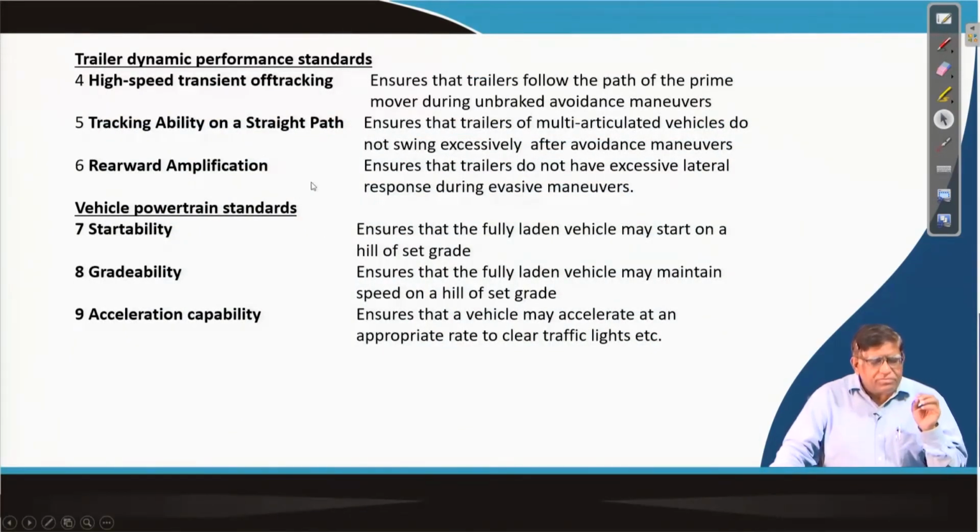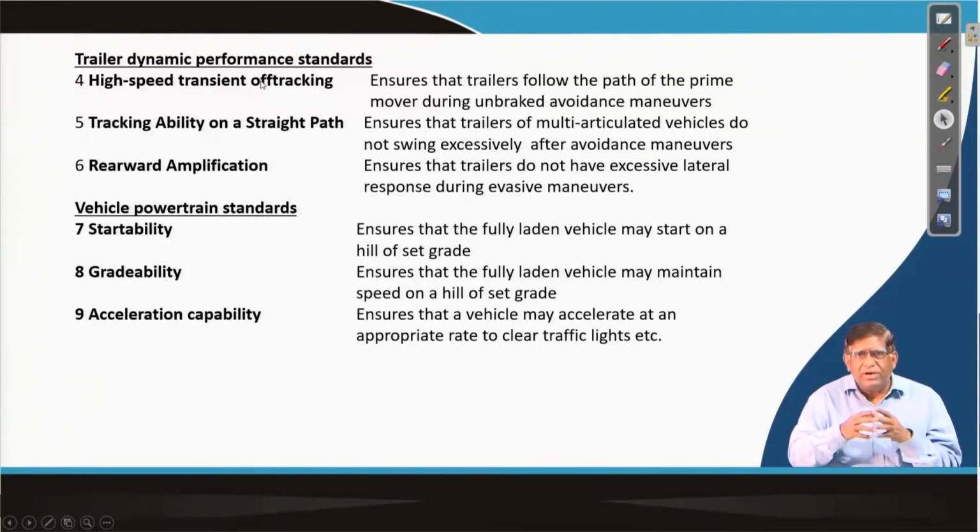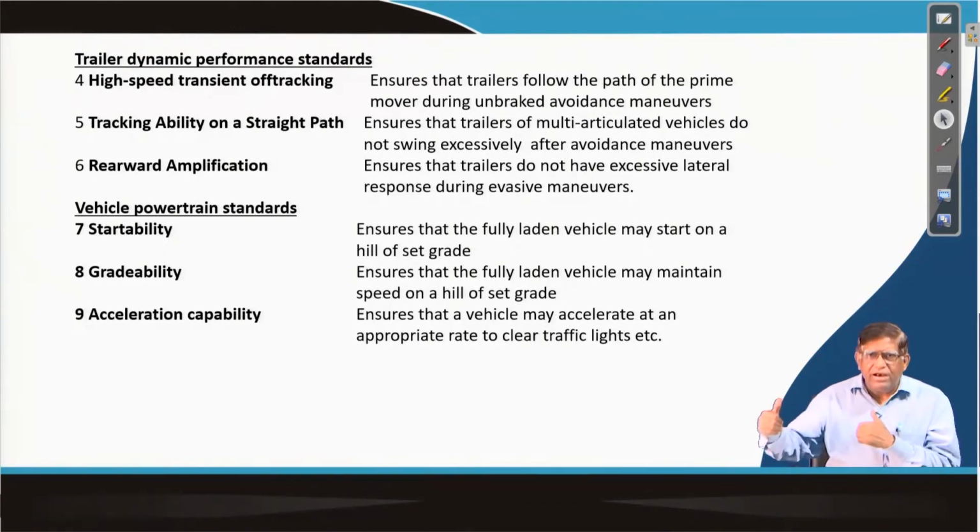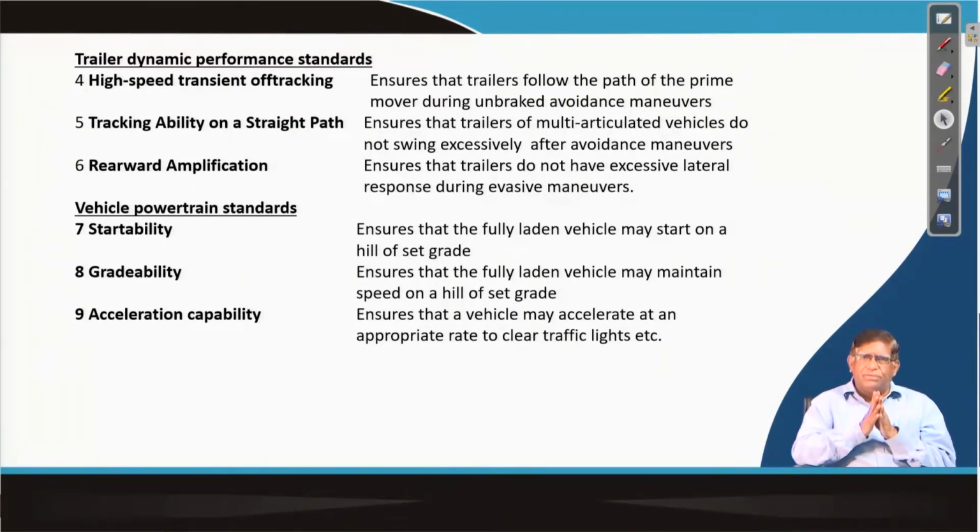So, there will be trailer dynamic performance standards. Sometimes you use an articulated truck. When you are using an articulated truck, the trailer which you are connecting will have to meet certain measures. High speed tracking means your trailers follow the path of the prime mover, that is the engine which is pulling the trailer.